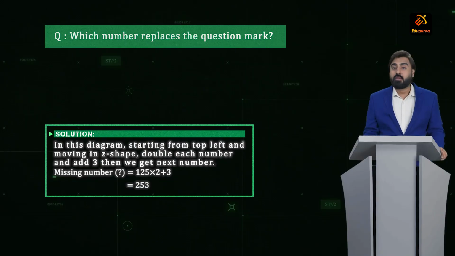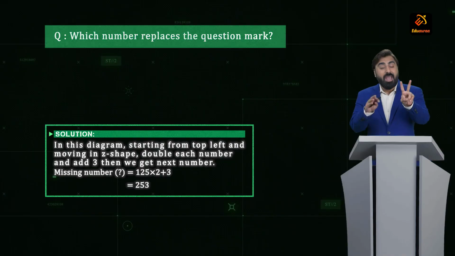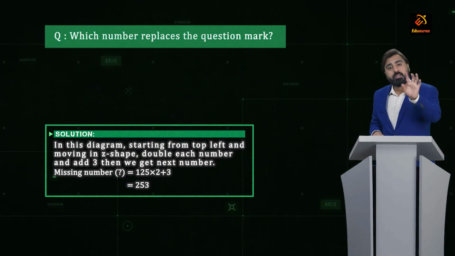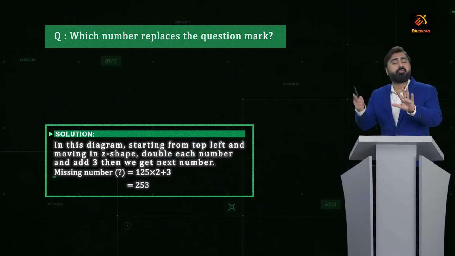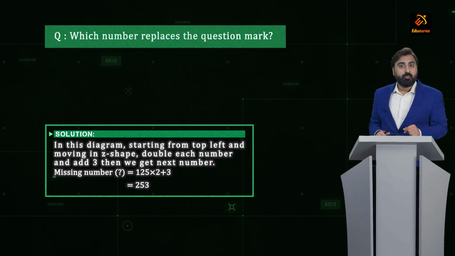You will get the next number. That means your starting number is 1. What is the double of 1? 2. Add 3 to it. You get the next number, which is 5. Consider 5. Double of 5, 10. Add 3 to it. You get 13.